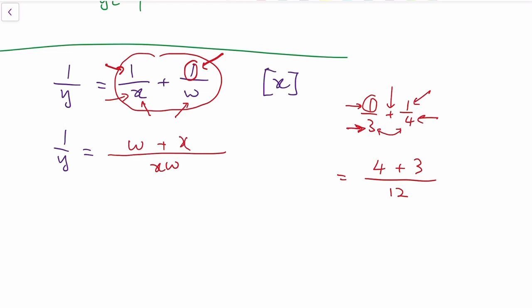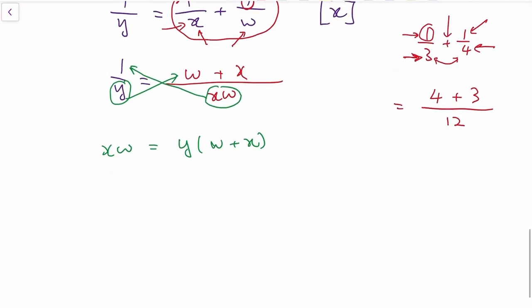Like that. Then we'll do something called cross multiply usually. So we multiply this bottom to the other top, and we multiply this bottom to this top. Alright, so the left hand side becomes 1 times xw, so that's xw, and the right hand side is y times w plus x.